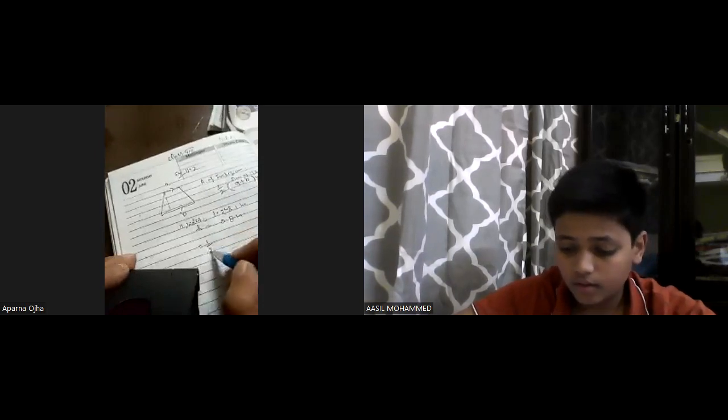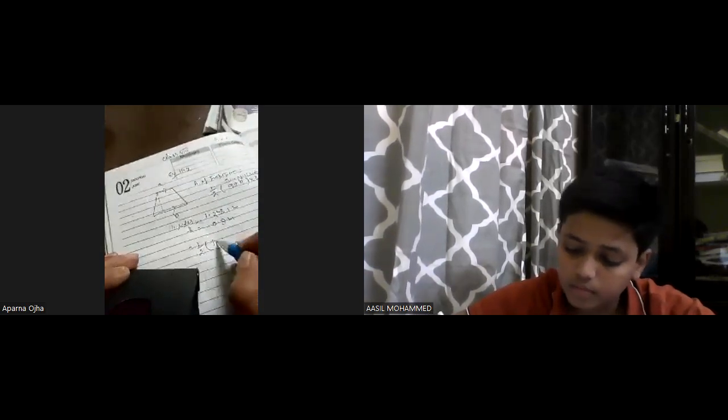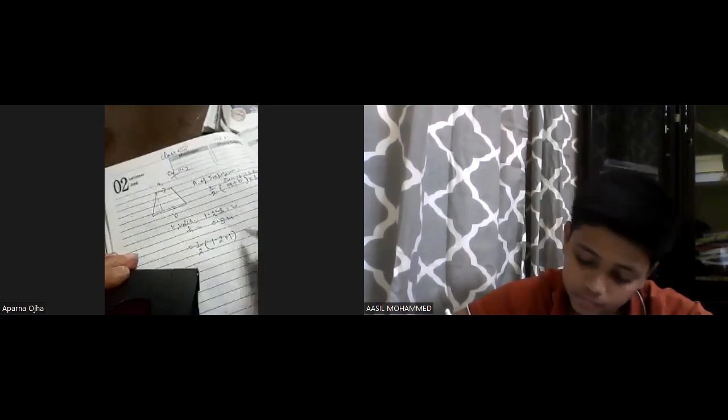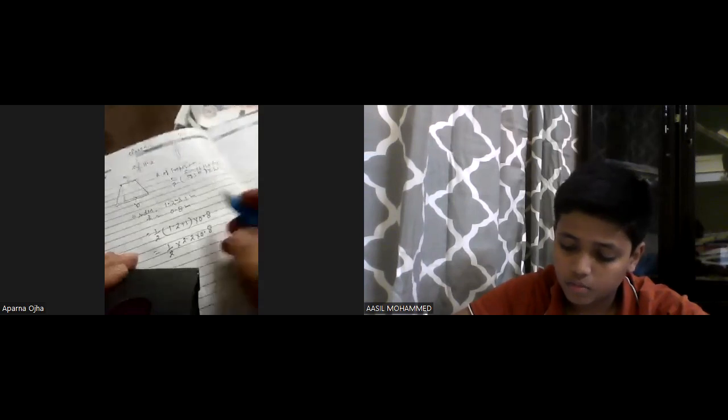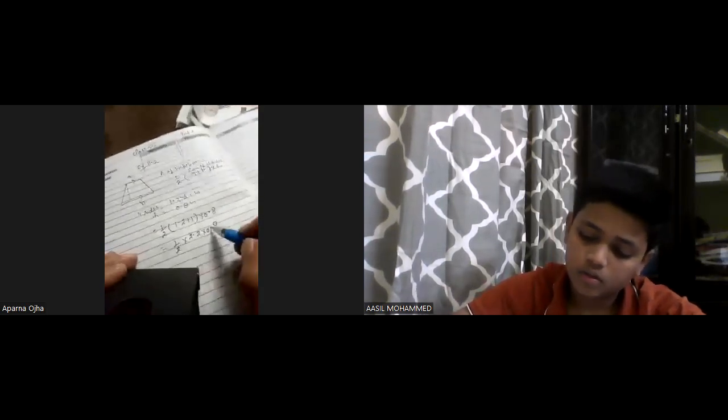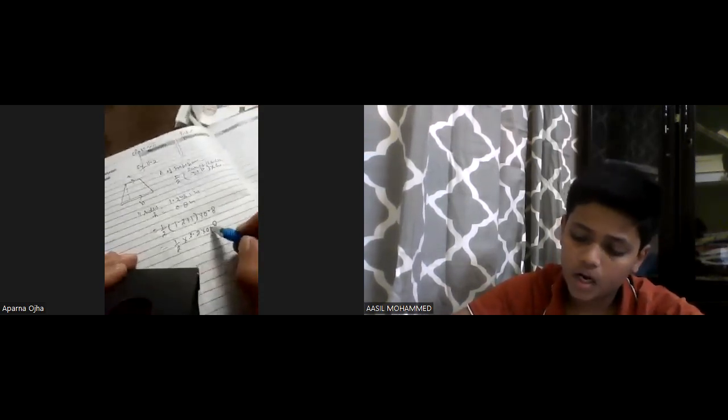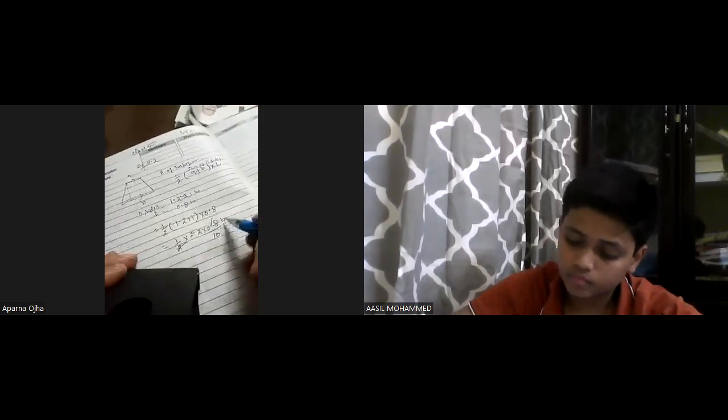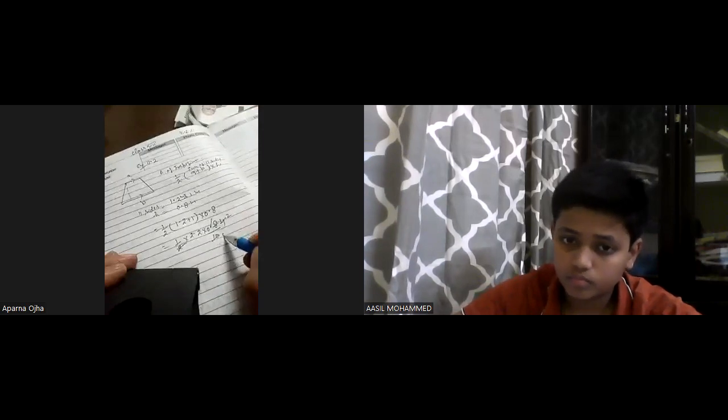Half into the sum of the parallel sides, 1.2 plus 1, into the height, which is 0.8. So half into 1.2 plus 1, how much will it be? That is 2.2 into 0.8. Then remove the decimal. Here you can write 10, 2 fours are, 2 twos are, 2 fives are.